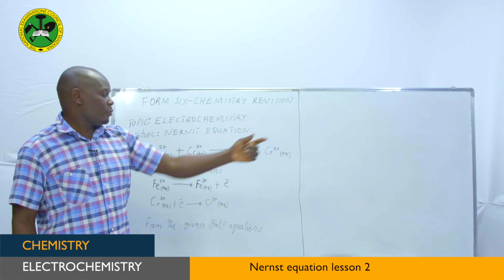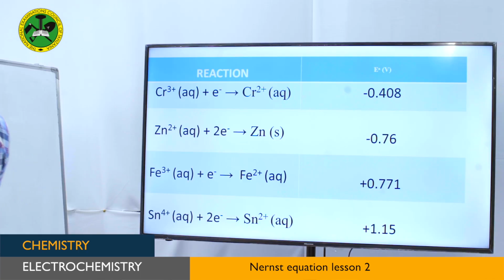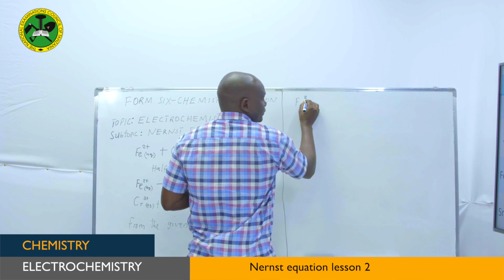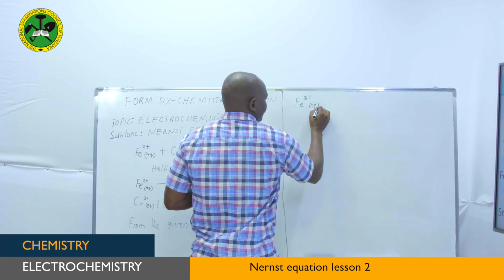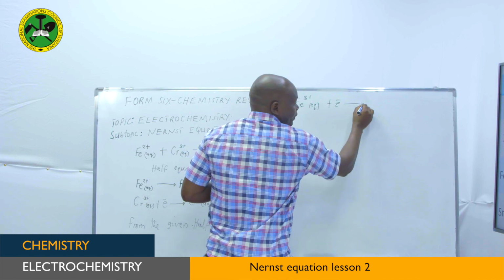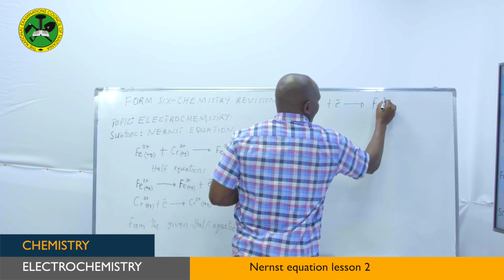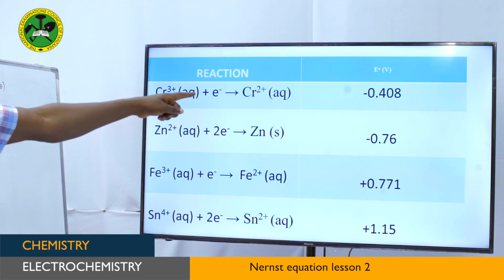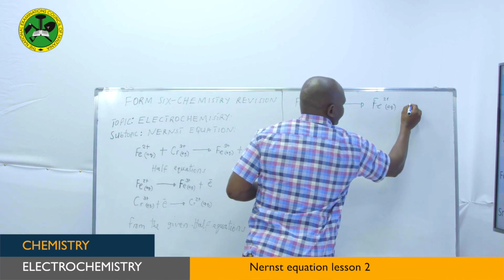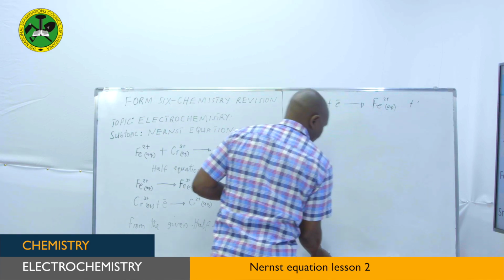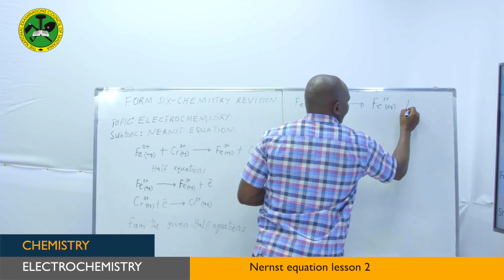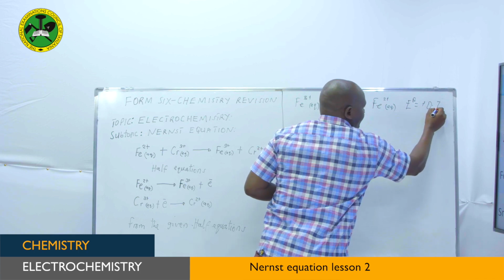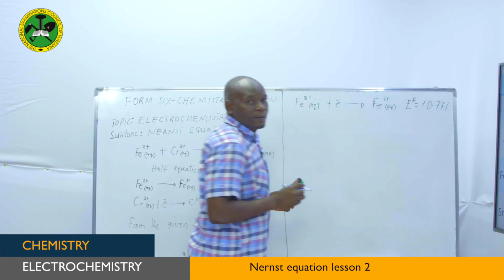But our given half equation for iron is from iron 3 plus electron to iron 2 aqueous, and its standard electrode potential is positive 0.771.